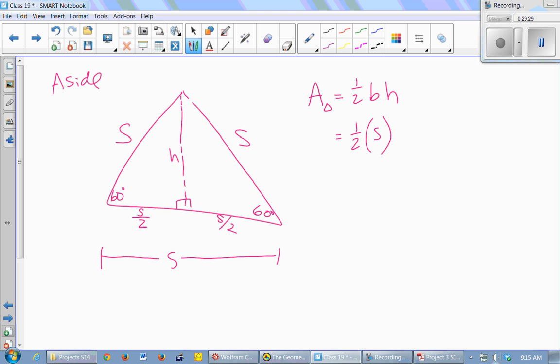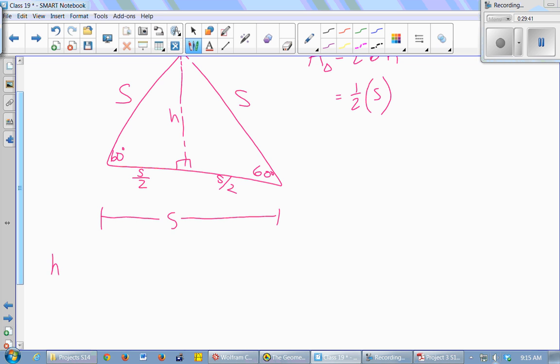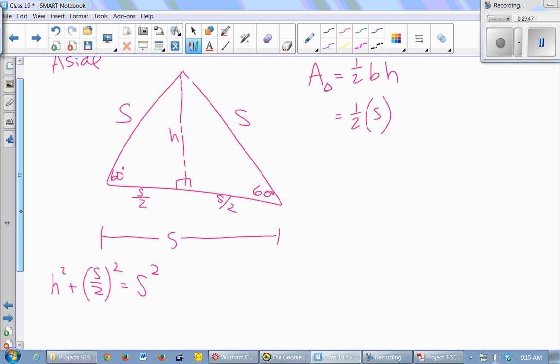So what would you do if you were going to use trig to find out what h is? Yep. So h squared plus s over 2 squared should give me s squared. Pythagorean Theorem. h squared plus s over 2 squared should give me s squared. And then I just solve for h.